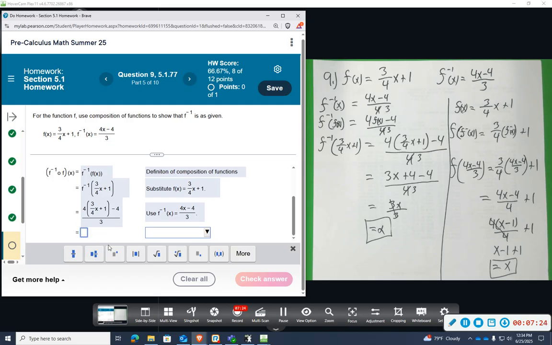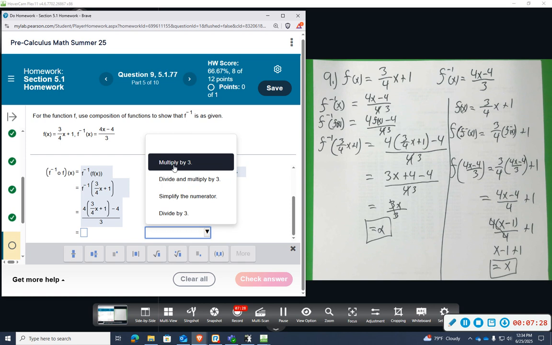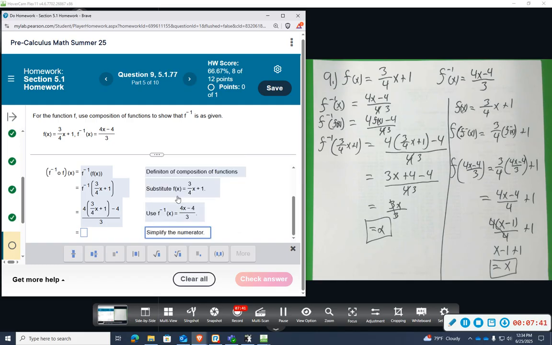All right, and then we ended up with, well, maybe they want another step. So after we got here, all we did was simplify. Say multiply by 3. I just simplified the numerator. Simplifying the numerator in the end left us with 3x over 3.